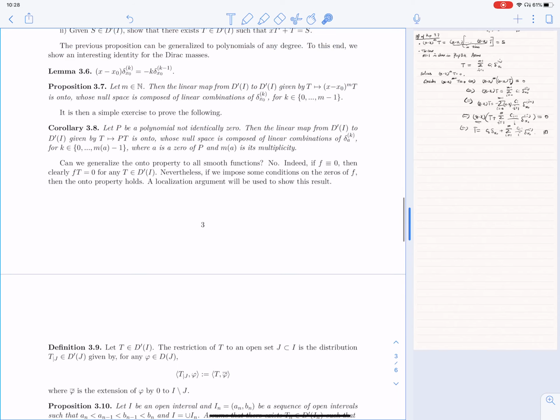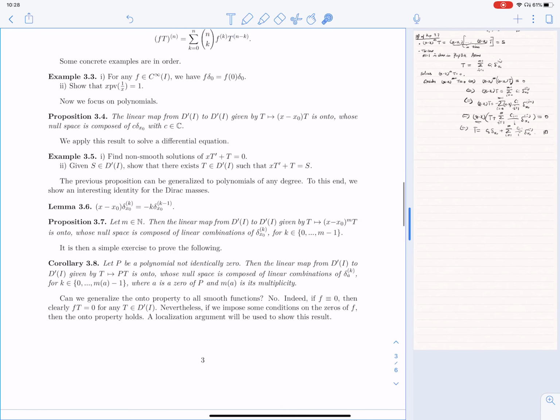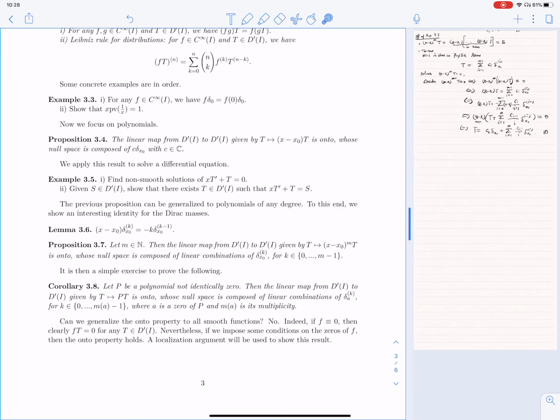I forgot to mention, but actually the proof for polynomials can be generalized to any polynomial, right? If you have a generic polynomial which is not identically 0, then you can do the factorization so that it can be written as the product of this kind of term. By using proposition 3.7 several times, we're going to show that this is actually onto.